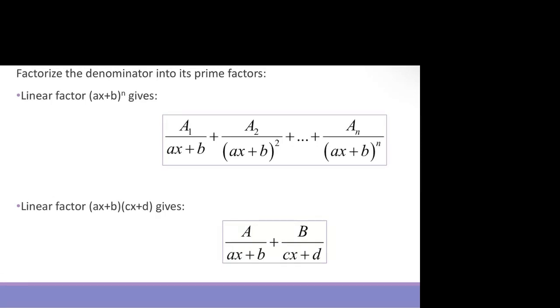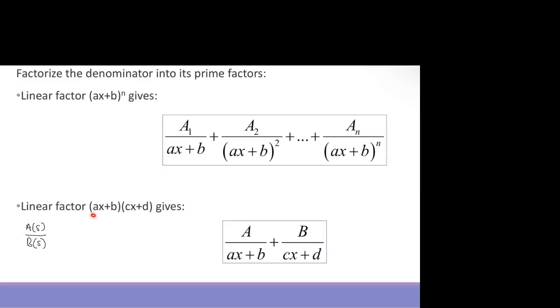If the denominator B(s) is two linear factors, (ax + b) times (cx + d), you want to break down this fraction like this.